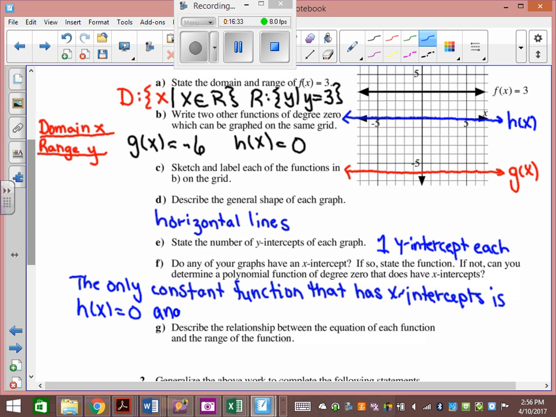And it has an infinite number of x-intercepts.